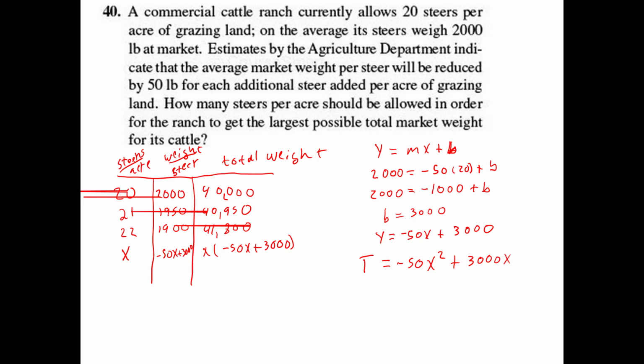We can find the critical points. Take the derivative, negative 100x plus 3,000. And then we can set it equal to 0. 100x is equal to 3,000. And so then x is equal to 30.